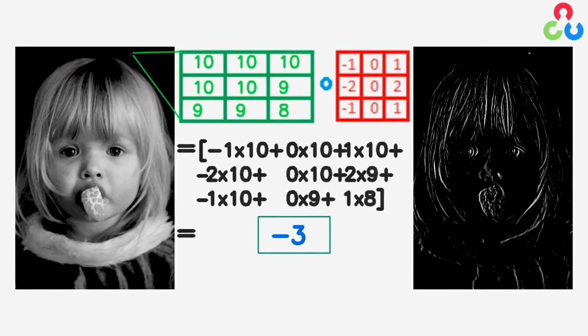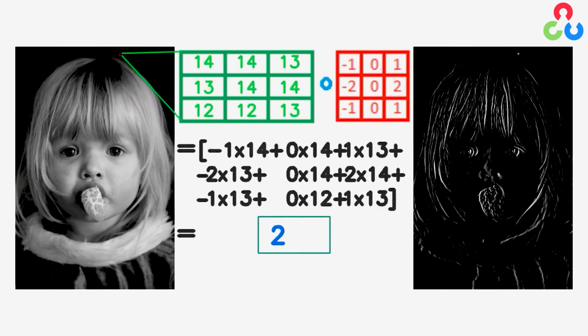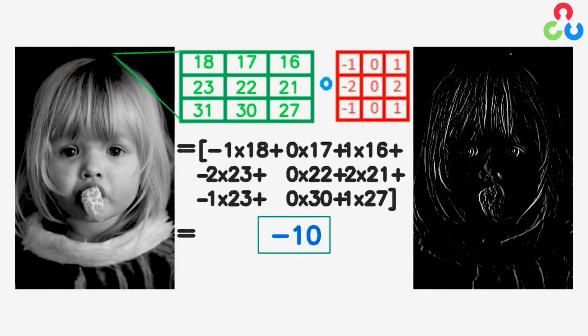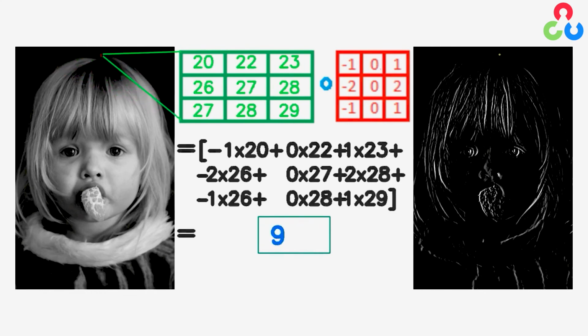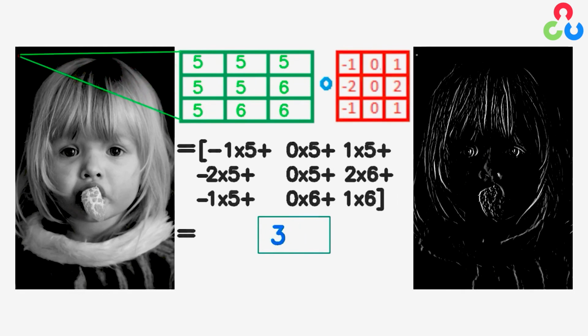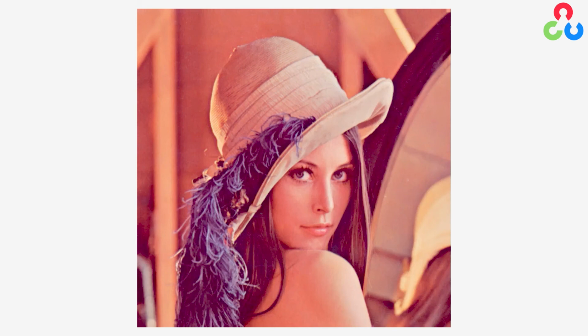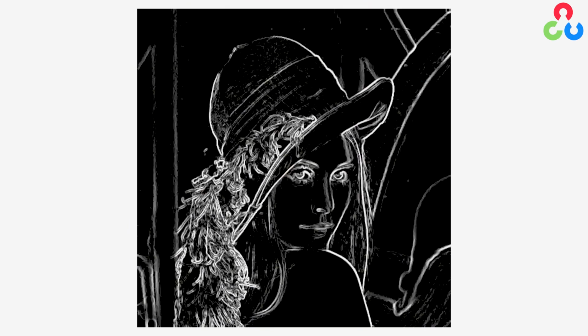On the right-hand side, we are showing the output of the convolution operation. In this case, because of the way the filter is designed, its value is high at vertical edges. If we change the values in the kernel, we will be able to detect other low-level features of the image. For example, we can also change the filter to create a blurring filter, a sharpening filter, or an edge filter.